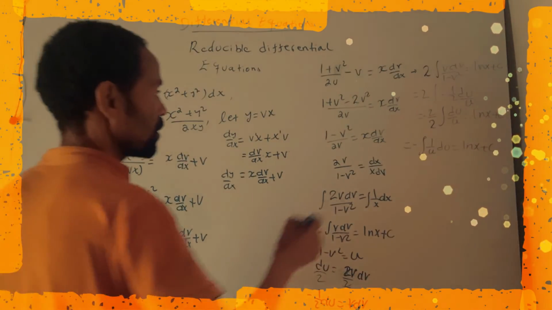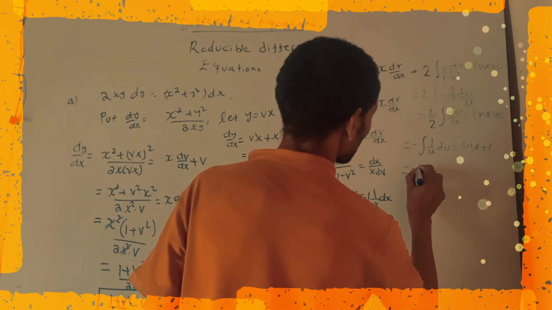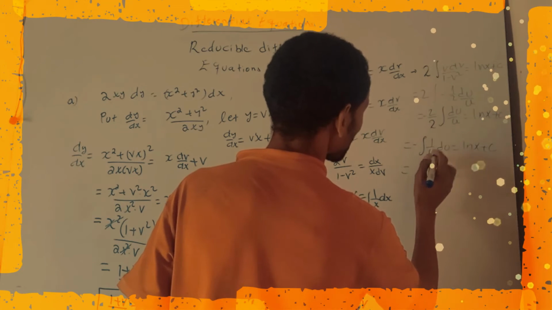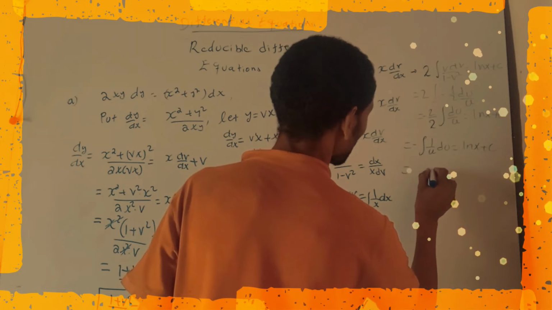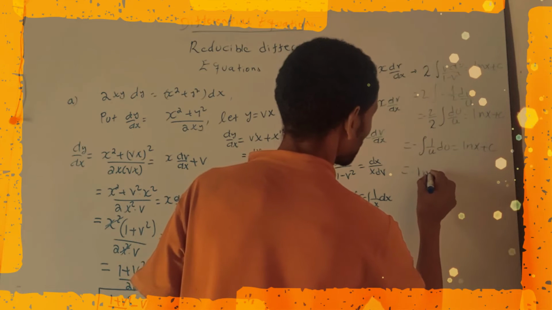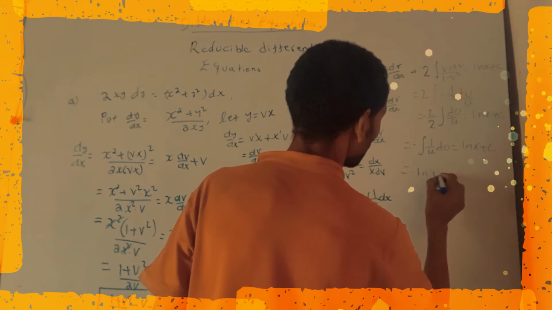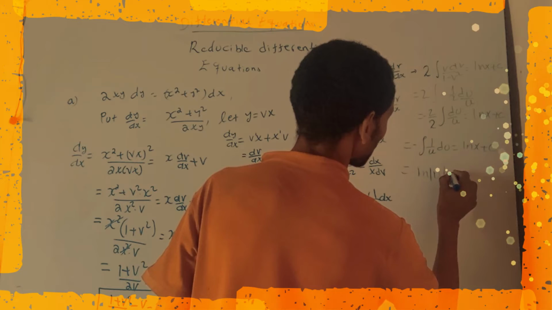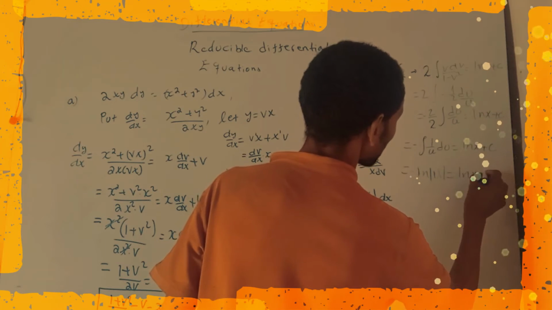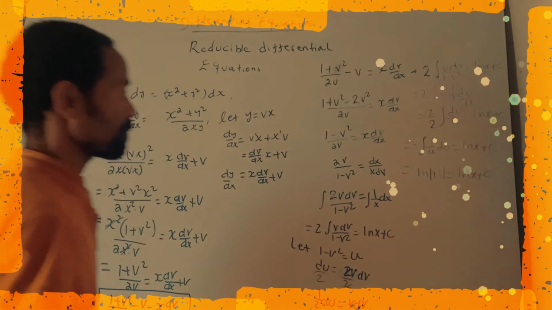Very good. That is negative integration of 1 over u, just ln absolute u equals ln x plus some constant c.